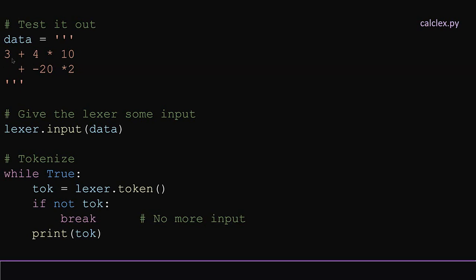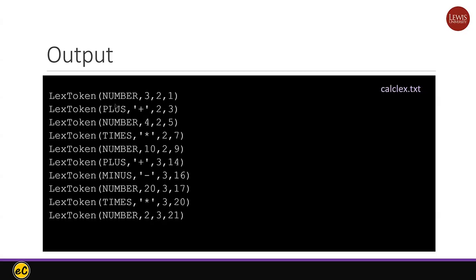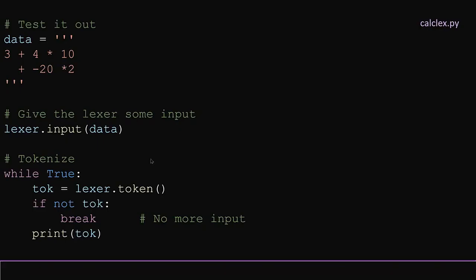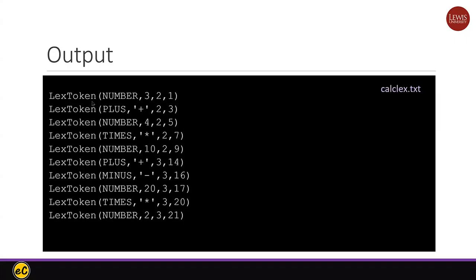Here you should print out 3 plus 4 times these different symbols, and you get token results like this. Each token has fields: the type, then the symbol or value, then the line number, and then the symbol position. These are the tokenization results.